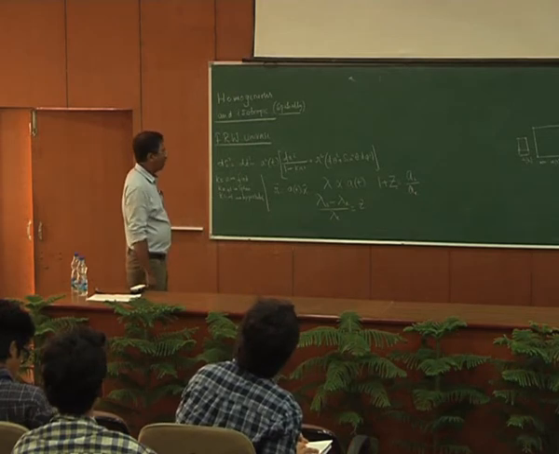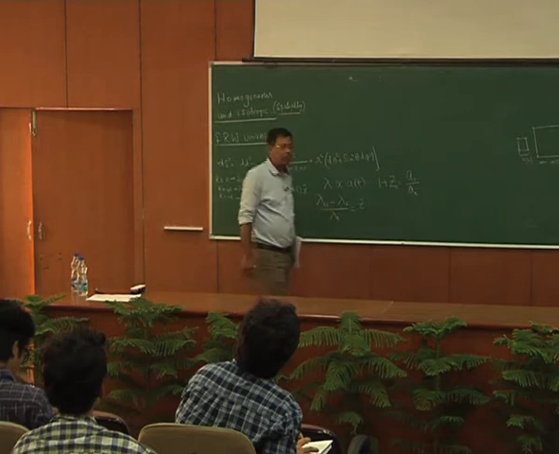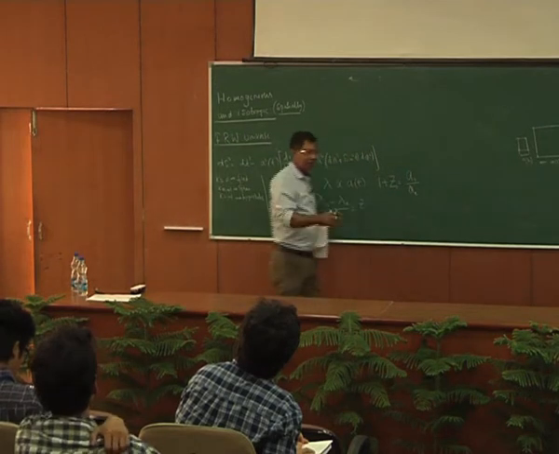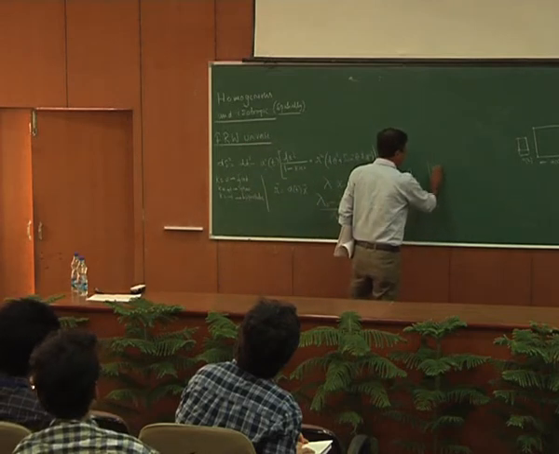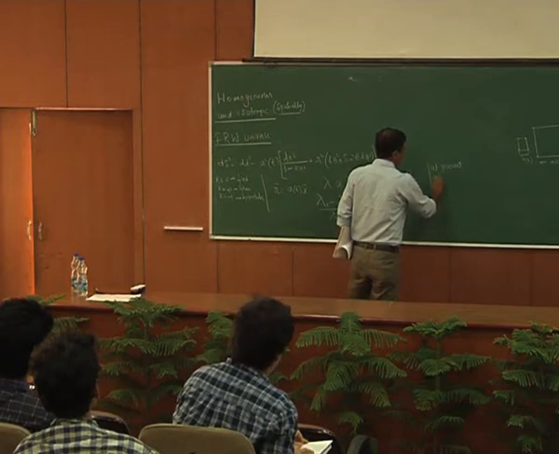In most of our cases, we normalize the scale factor today at 1, so that makes a lot of writing get shortened. So we will assume that at present A0 is 1.